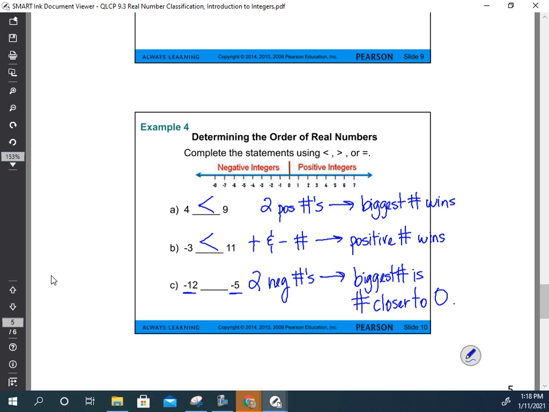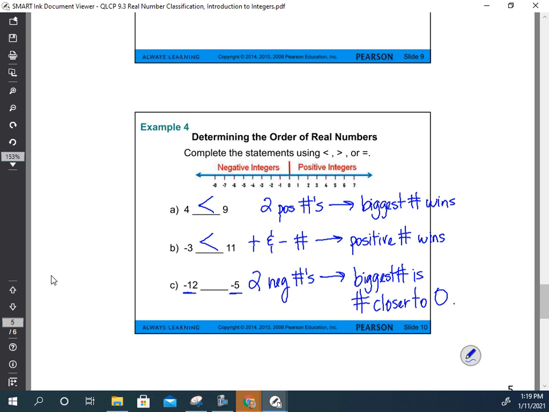Why? How come I don't want to borrow 12? Because I'll have less to pay back. I'd rather borrow 5 than 12.